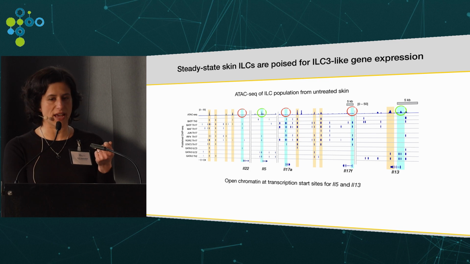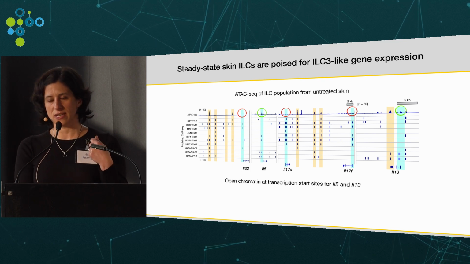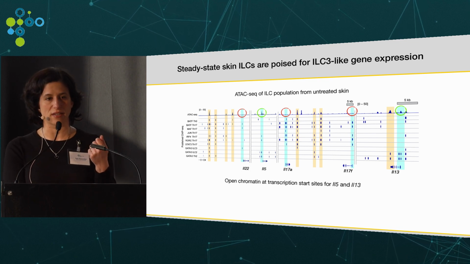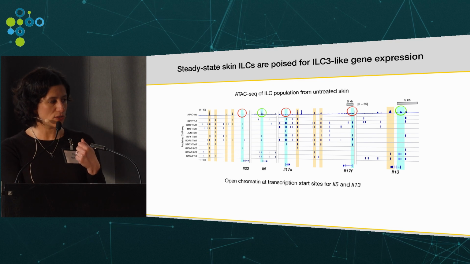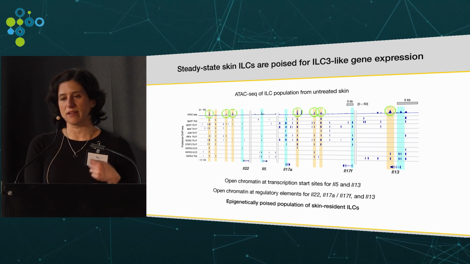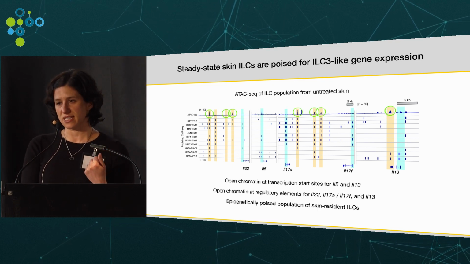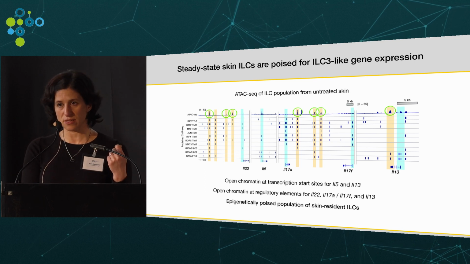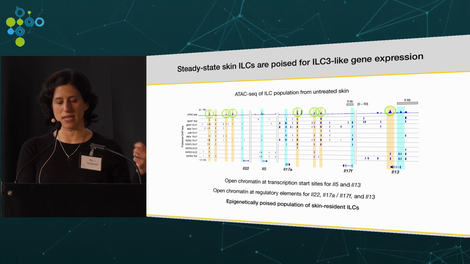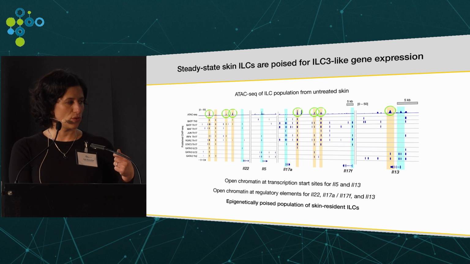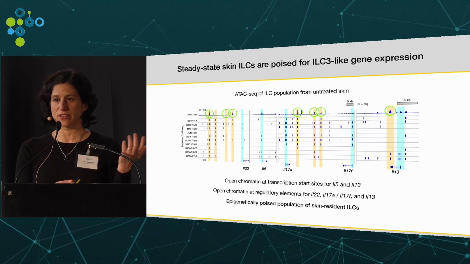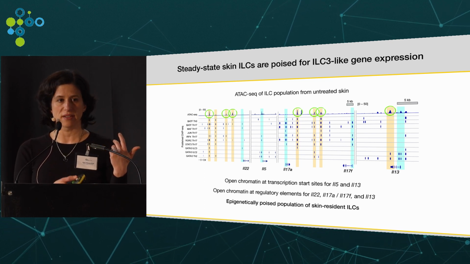You don't see it at the start sites for type 3 cytokines like IL-17 and IL-22. But if you look at elements that were identified in ChIP-seq studies for Th17 cells, which express the same kind of type 3 cytokines, you see enhancer elements that look like they have accessible chromatin in the ATAC-seq.